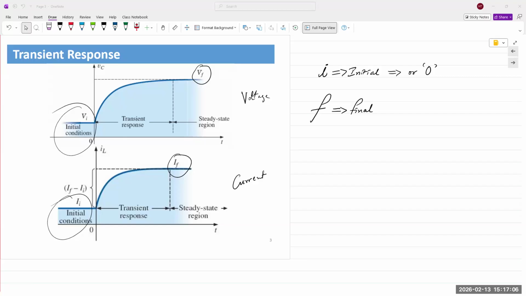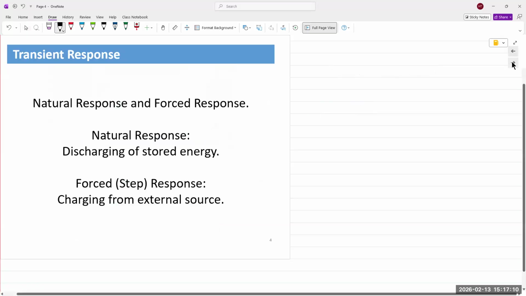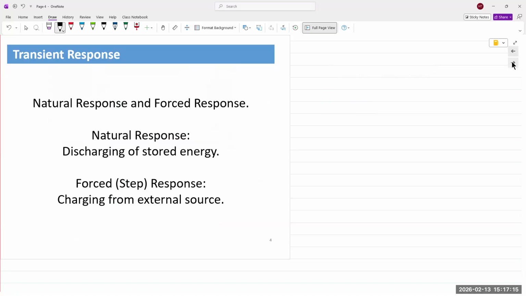Now, based on whether they are charging or discharging, we can classify these responses as two kinds, natural and forced. The term force has a sinister connotation, but in this case, as applied to electric circuits, there's nothing sinister. The forced response is simply the response of a system when we apply an external source.